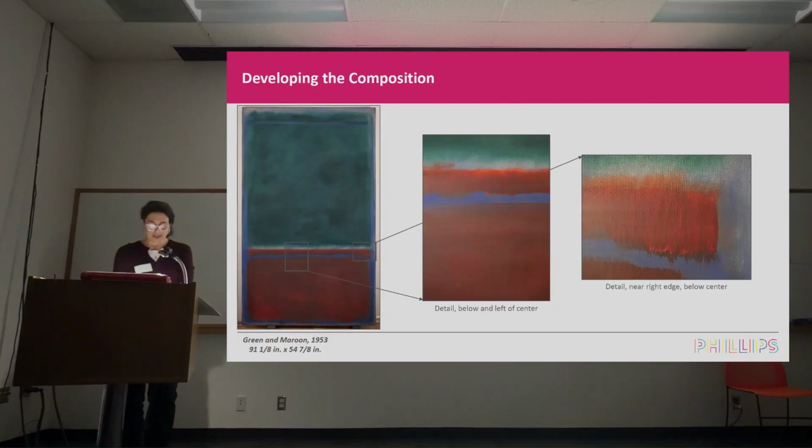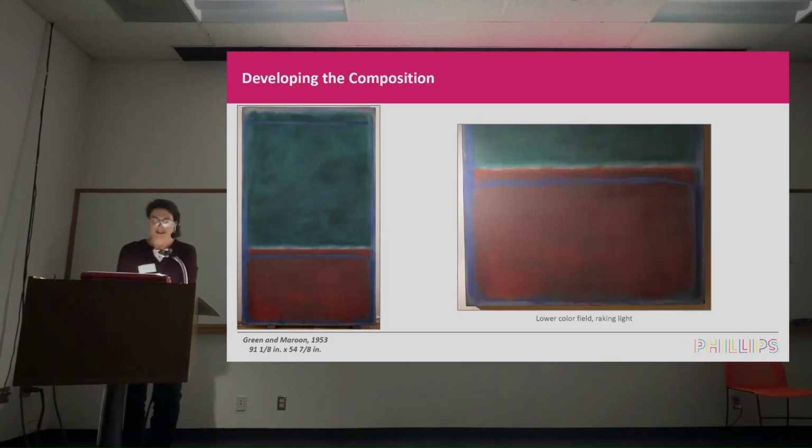Close examination finds hints of color at the edges of the form that suggest the original color scheme may have been a narrow band of orange above a field of red. It's very difficult to define layers, but one scenario might be that Rothko painted over both the red and orange shapes with a thin blue layer and built up thin successive layers of red, blue, and the blue-green color, eventually achieving the final maroon color.